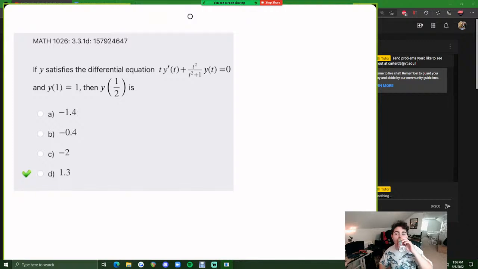Hokie dokie. Second half of the session.